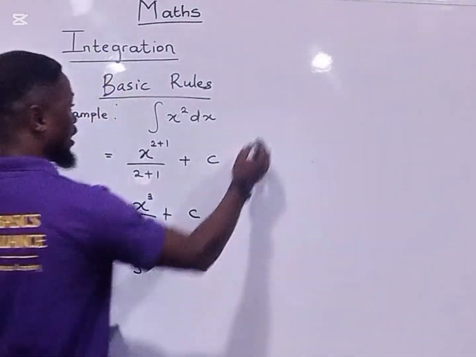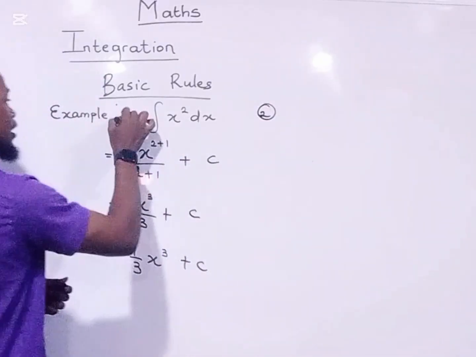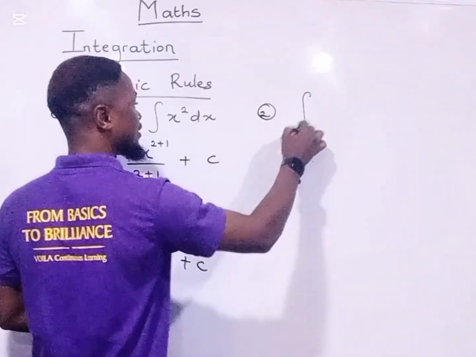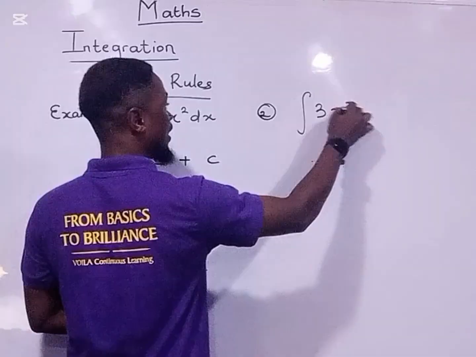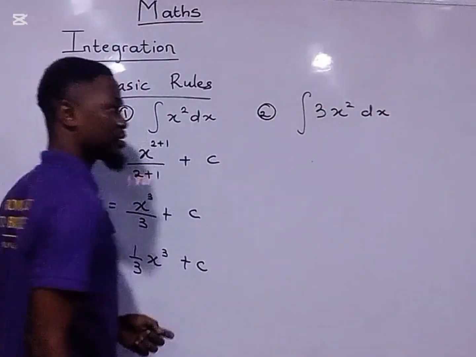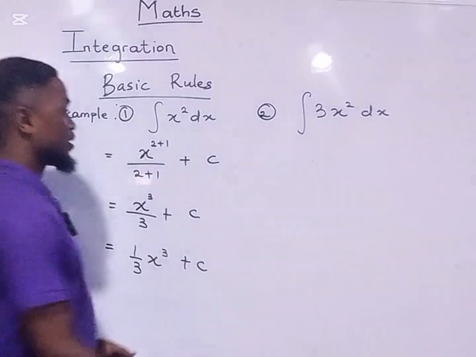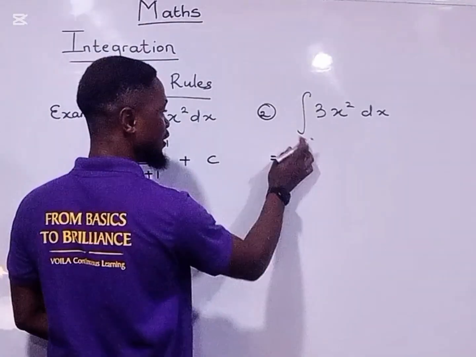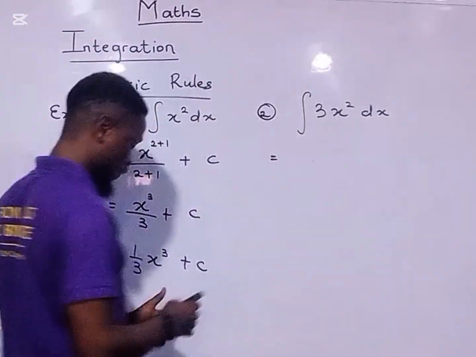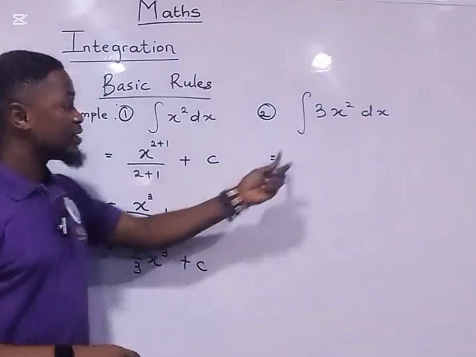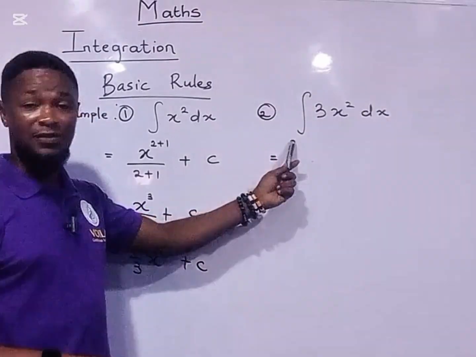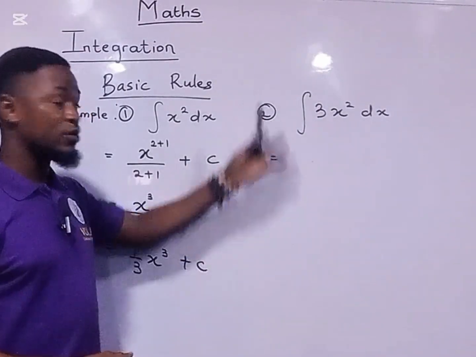Okay, let me do another one here. Example 2. What if I say integrate 3x squared with respect to x? How do you do it? Using the same method. Of course, this is called an indefinite integral because there are no limits.